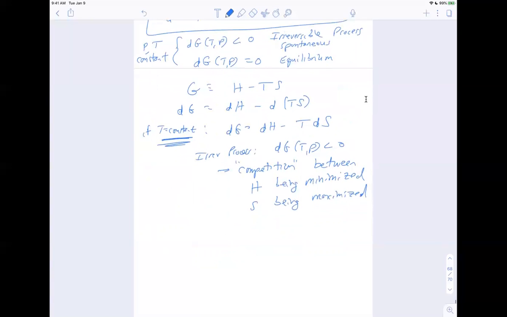Okay, it's a competition. And so in fact, if S is not maximized, if entropy actually changes in the negative direction, meaning that, for instance, you have crystallization or protein folding, both of which have, from the point of view of the protein or from the point of view of the solid in the crystallization example, entropy decreases.